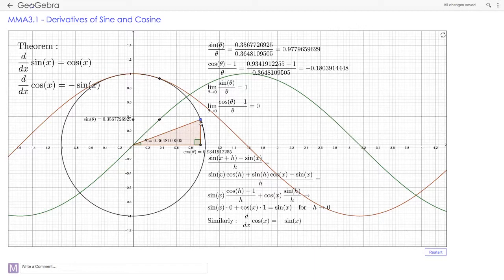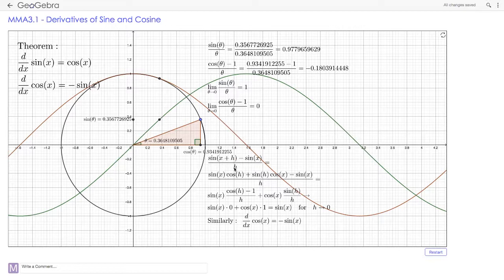Now, to find the derivative of something, we needed to find first the difference in functional values and then divide by the difference in length and then take the limit between the 2 points to 0. So basically we have to look at something like this for sine, right? Sine of x plus h minus sine of x divided by h.